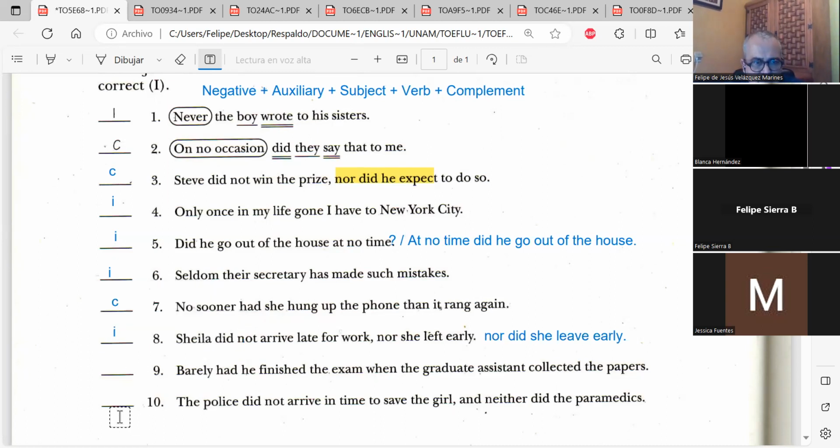Okay, the next one, Blanca. Barely had he finished the exam when the graduate assistant collected the papers. In this case, the negative is barely.